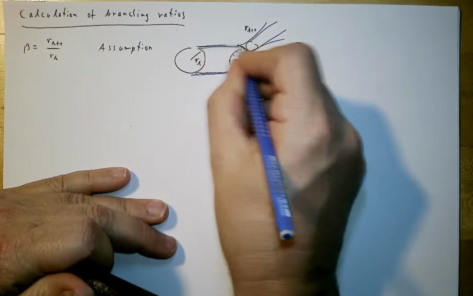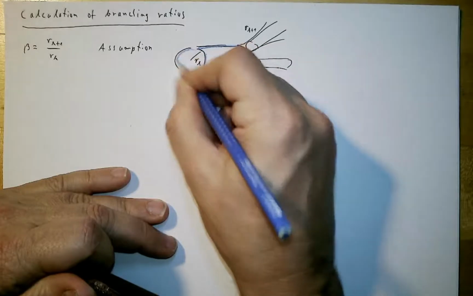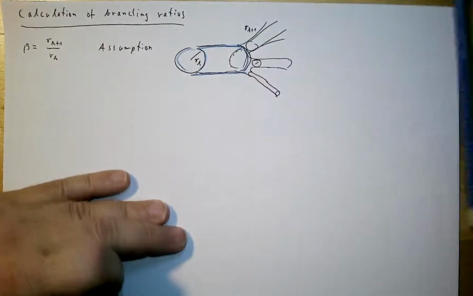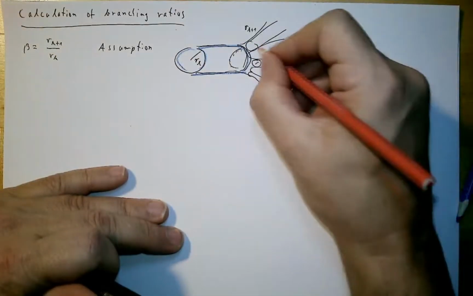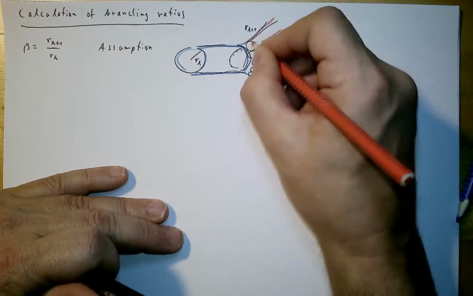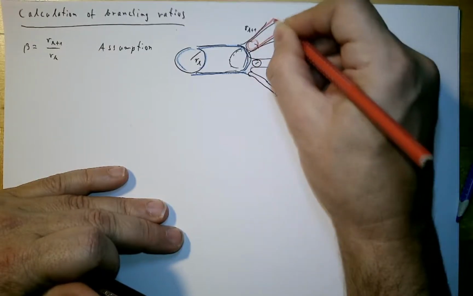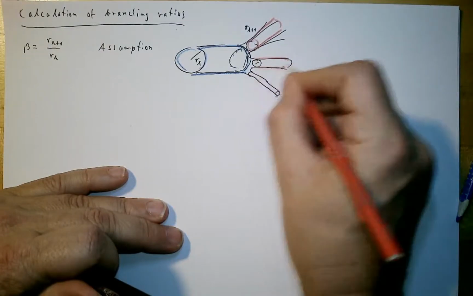So this was the vessel at one level, and then we had the vessels at the next level.